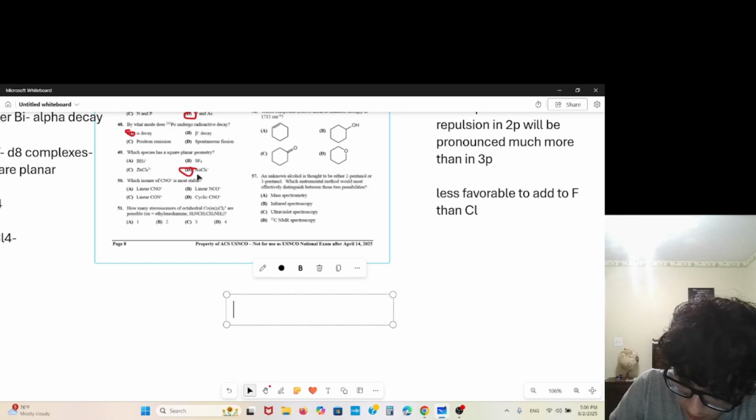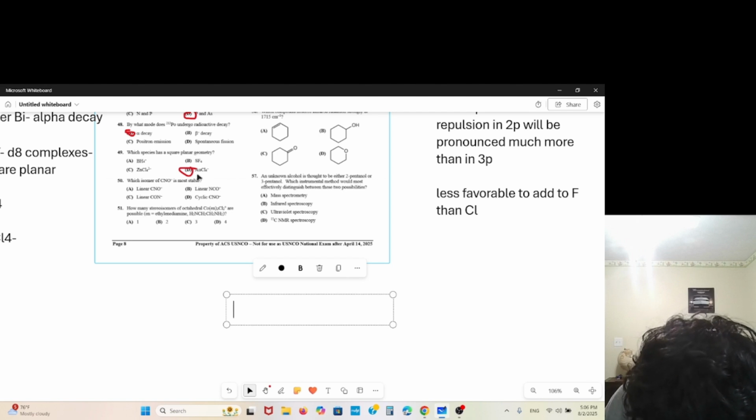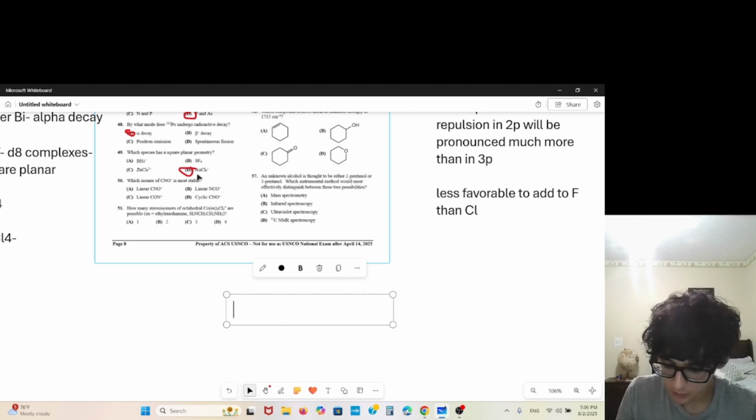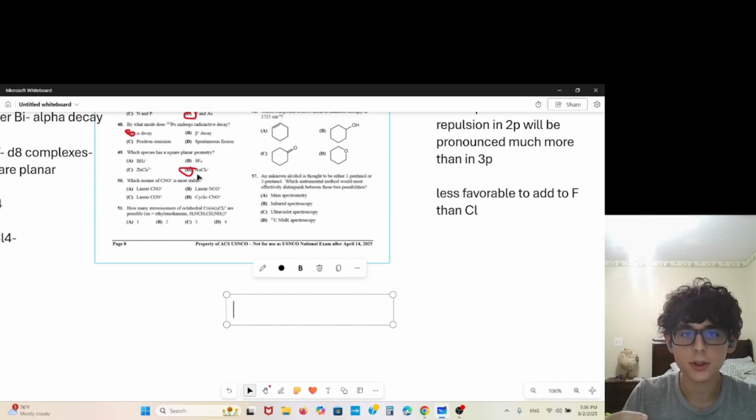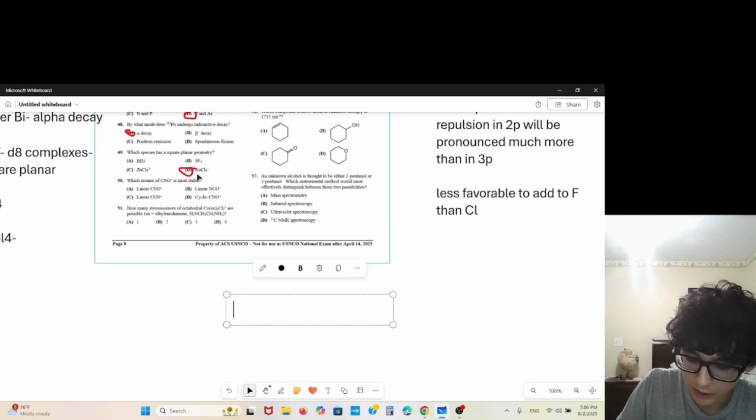C double bonded to N, which is single bonded to O. N double bonded to C, which is single bonded to O. CON has two forms. C double bonded to O, double bonded to N, or C triple bonded to O and single bonded to N. The second is a major resonance contributor. It is more stable formally if you figure out all the charges.